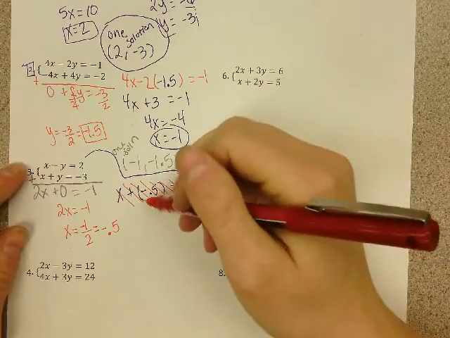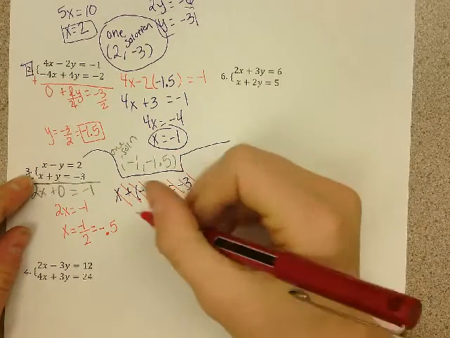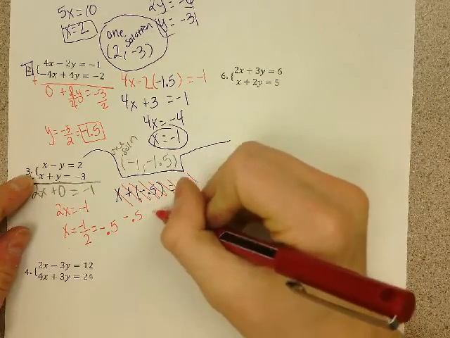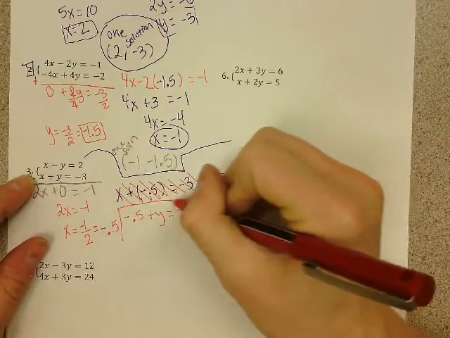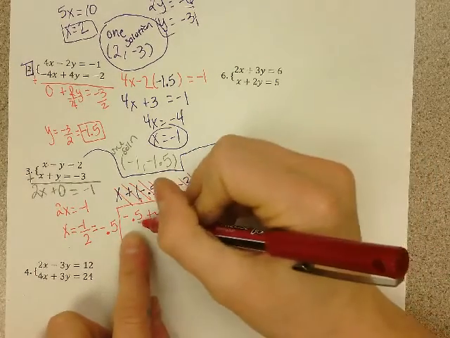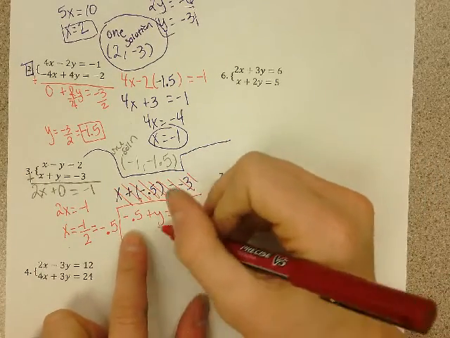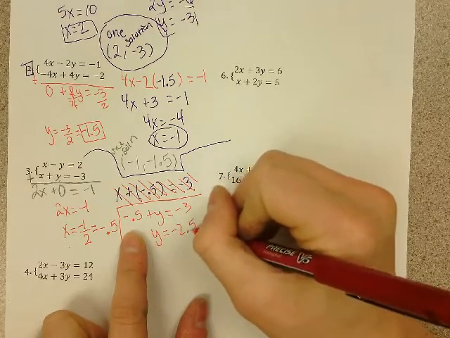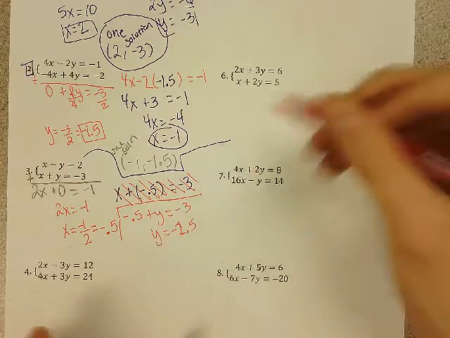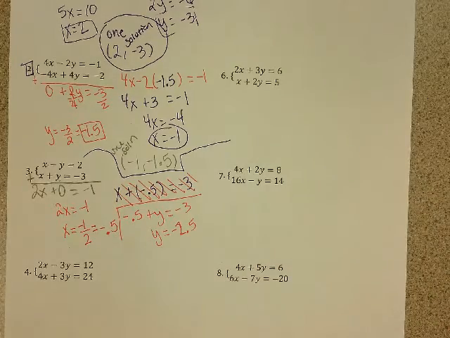Okay. All right, so I've got negative 0.5 plus y equals negative 3. Thank you, Bree. All right, so add 0.5 to both sides. I get negative 2.5. All right, so I have a solution. What do we have?